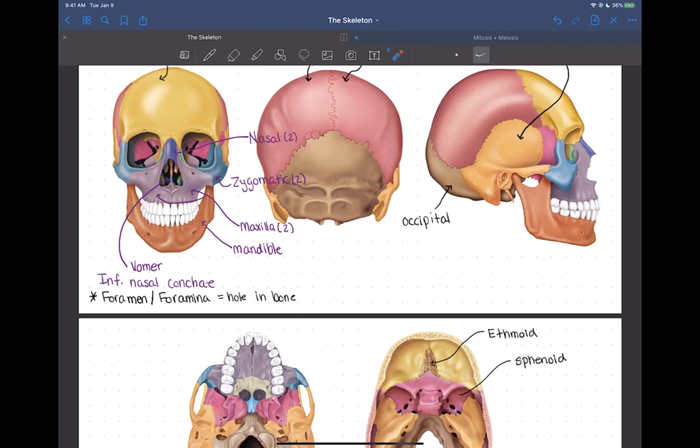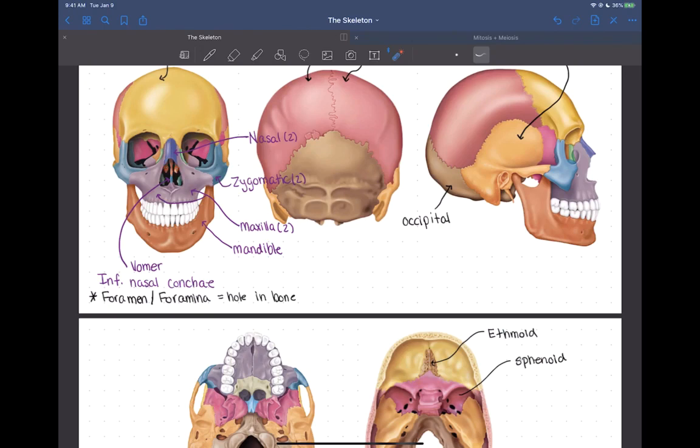So you have two inferior nasal conchae bones here and here. Those are separate bones. And then you have a middle, which you can't really see, right? Well, you see here, middle and superior, which is kind of tucked up a little higher, nasal conchae, that are coming from this ethmoid bone.